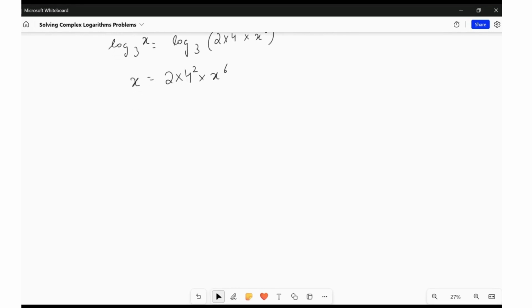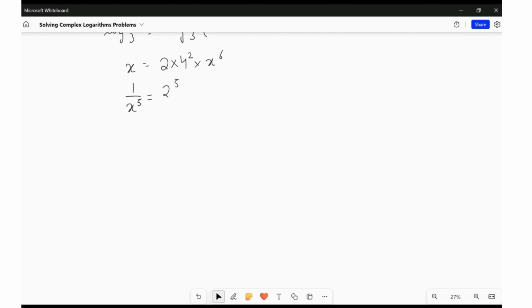Now 1 by x power 5, because x by x power 6 is 1 by x power 5, is equal to 2 power 5. Now 1 is equal to 2 power 5 into x power 5.